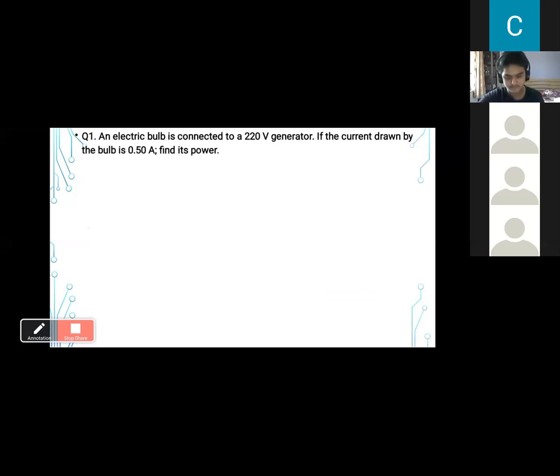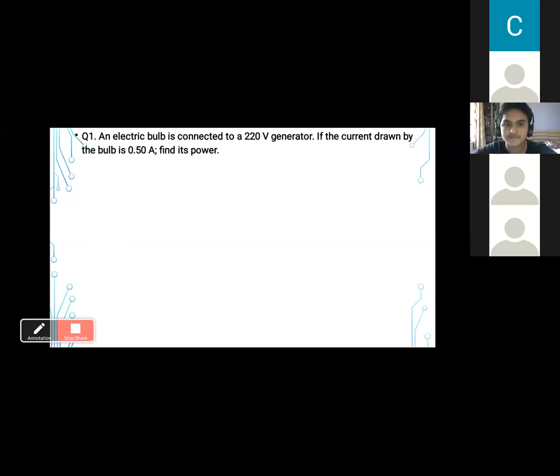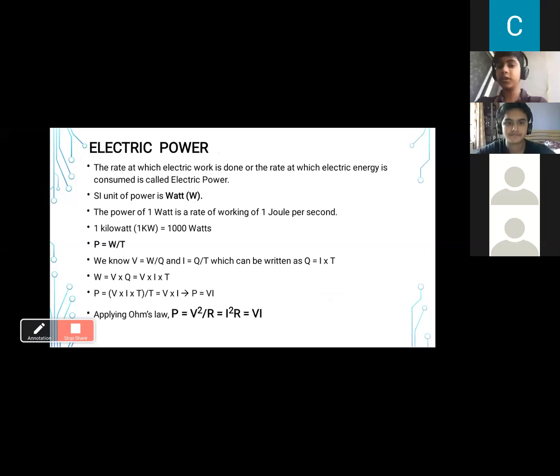Any doubt? Ma'am, for this, power is equal to voltage times current. We can use it by deriving it from Joule's heating, right? Yes, we'll come to that part also. Heat is equal to VIT. From power, we are going to derive the heat formula.